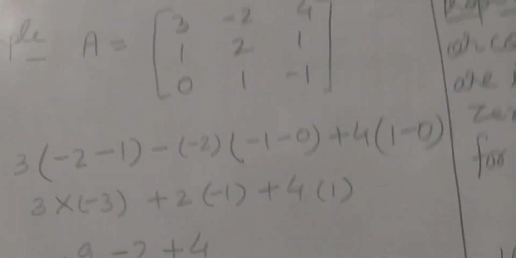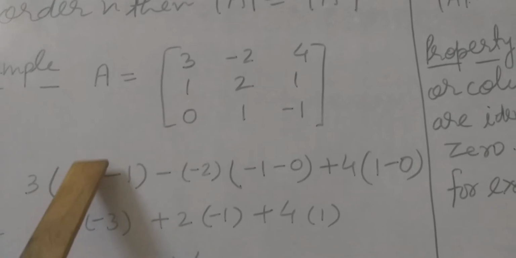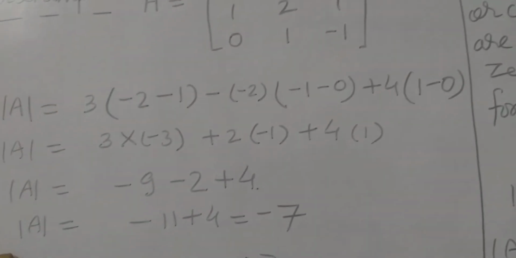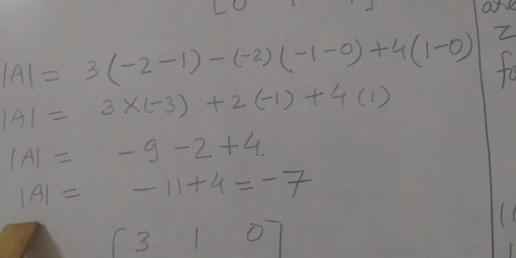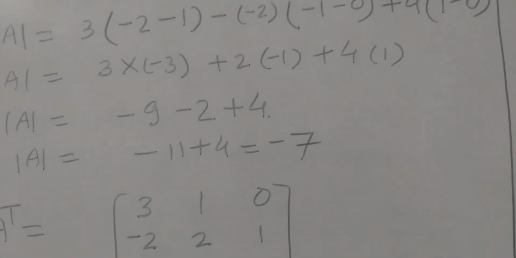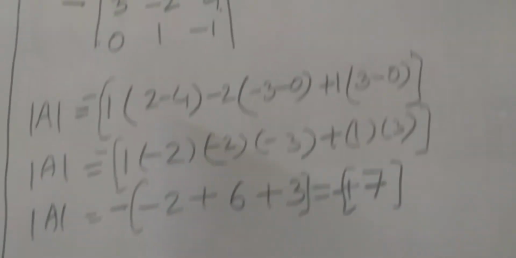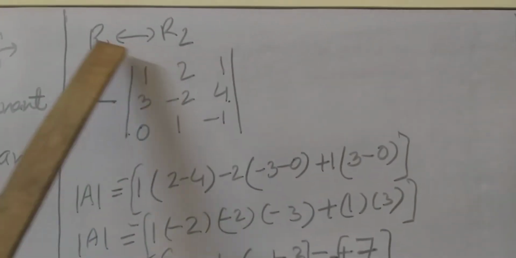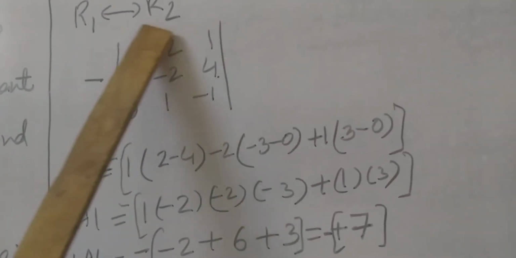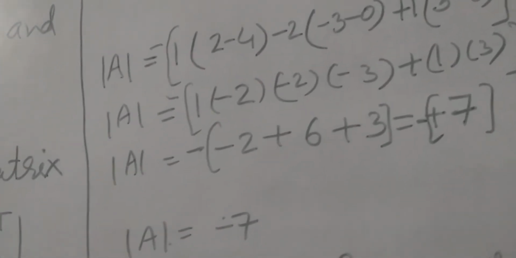Let us take the above example, student. In this example, you have seen the determinant of matrix A is minus 7. Now students, I am going to interchange R1 and R2. R1 is interchanged with R2, student.